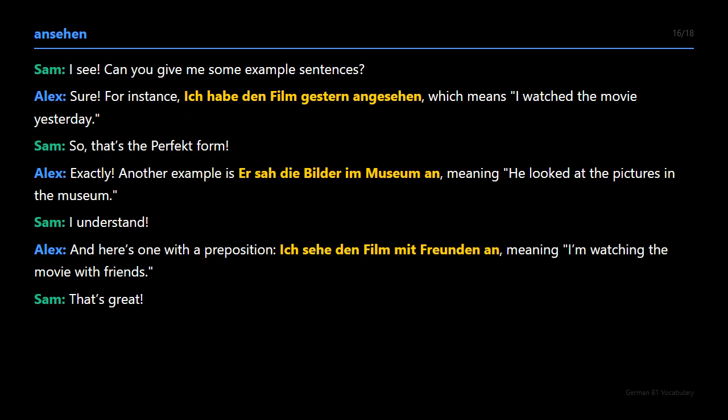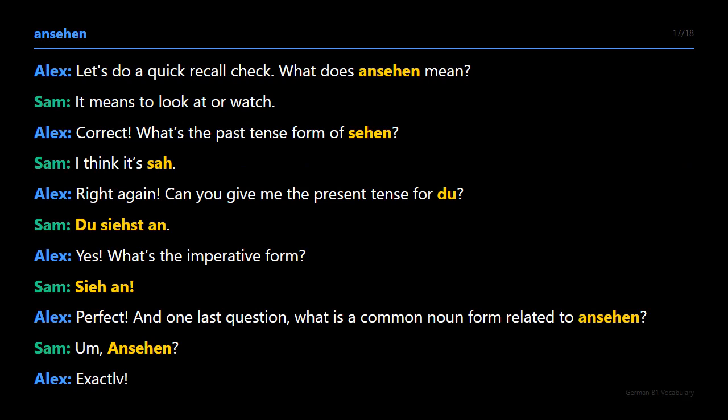That's great. Let's do a quick recall check. What does ansehen mean? It means to look at or watch. Correct. What's the past tense form of sehen? I think it's sah. Right again.